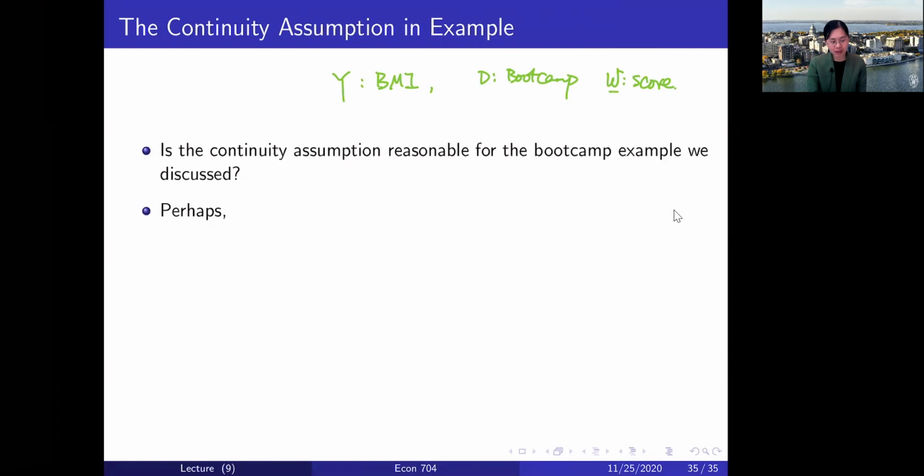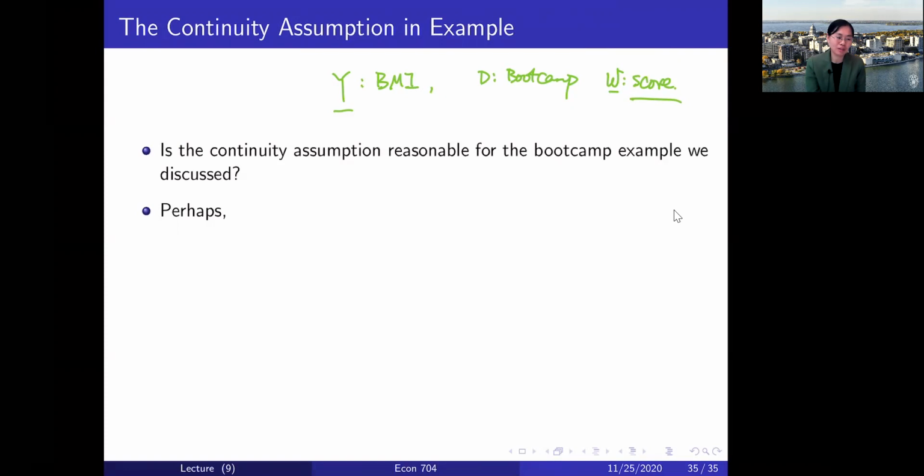So what are the other factors that contribute to BMI besides the bootcamp? You might imagine maybe your life habits, or genetics, or all of those things, right? So genetics is probably continuous in score. It's not even related to score.